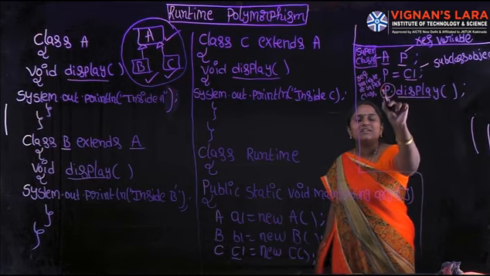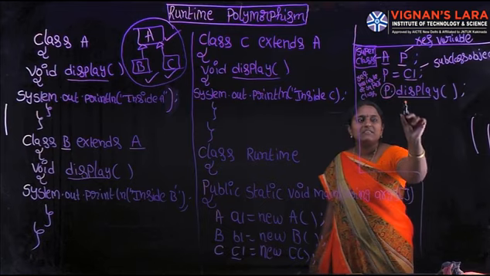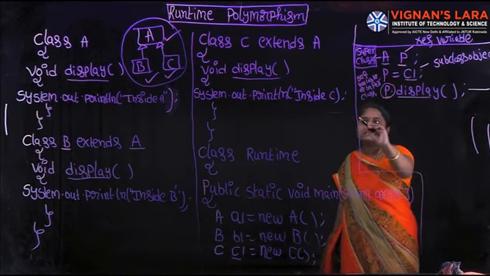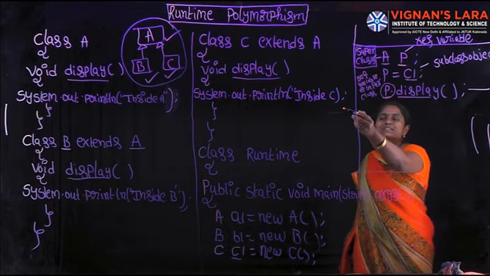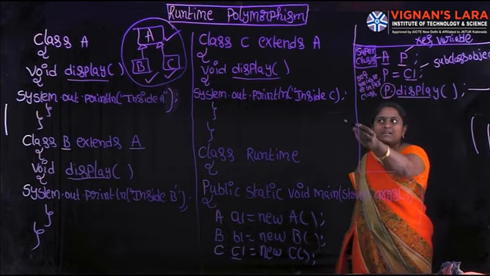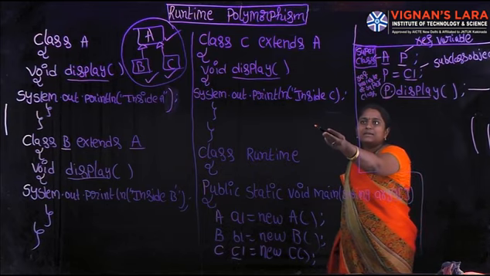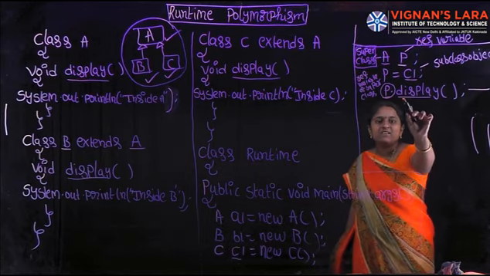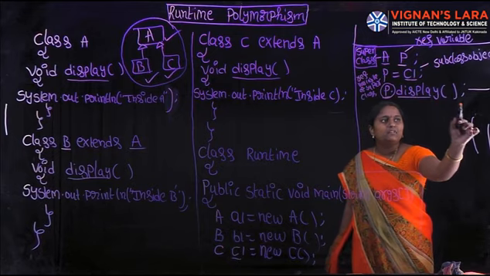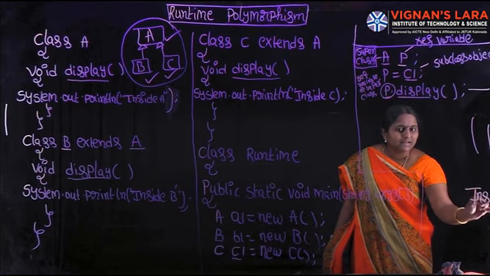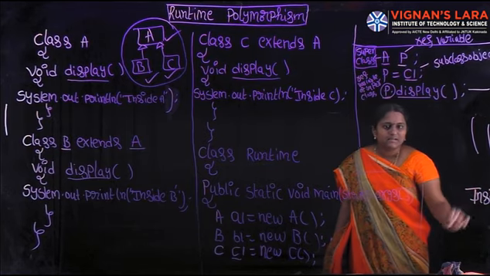Here the superclass reference is P. So when JVM reaches this statement, it will print the C class display method body. What is the body of the C class display method? Inside C. Whenever JVM reaches this statement, it will print inside C.